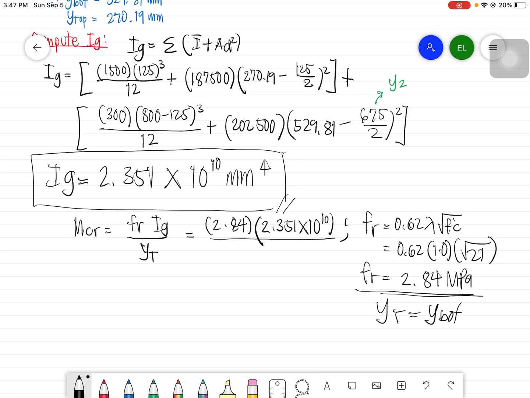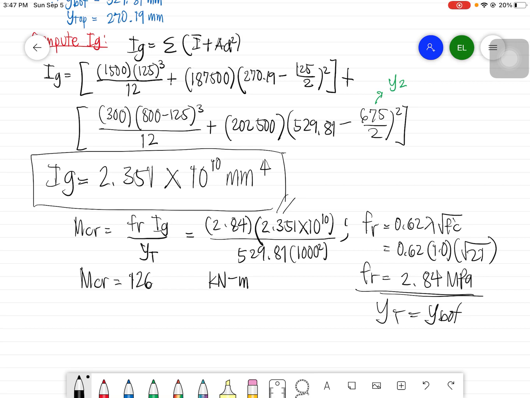So we have 529.81. Simply divide it by 1000 squared, guys, for you to get Mcr in kilonewton meter.